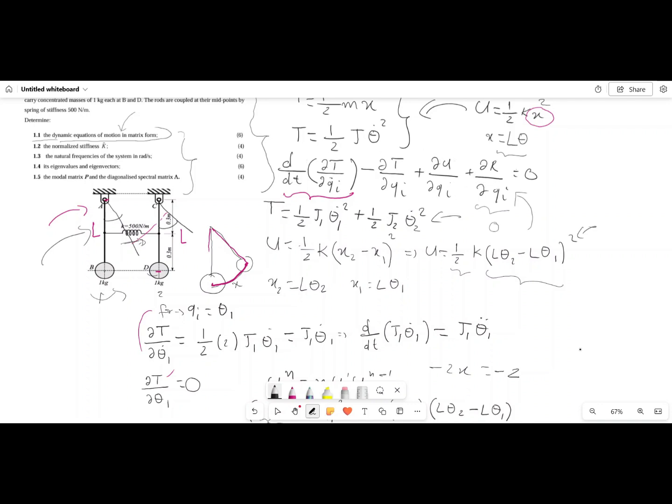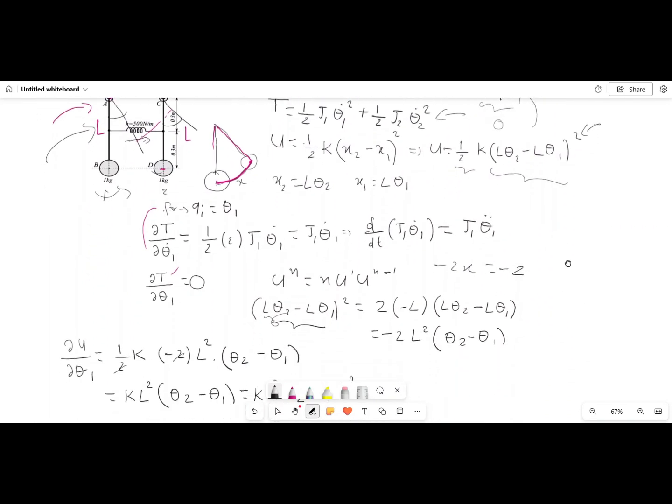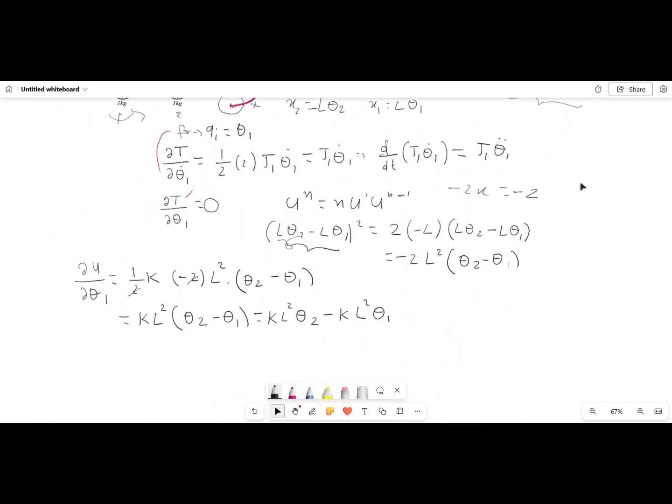We simply have to copy now. What is the first answer that we get? It is J theta 1 double dot. So equation 1 will be J1 theta 1 double dot. What is the second answer we have? It is this one. Let me write minus k L square theta 1 plus k L square theta 2 to be equal to 0. So this is how you get your first equation.